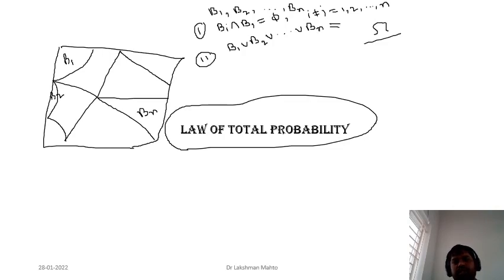So you can say that it is exhaustive in nature. And the third property says that no member of the partition is a null set or empty set. So every Bi happens to be non-empty. All these three are essential criteria for being a partition of a sample space.